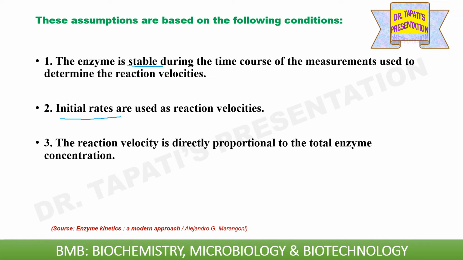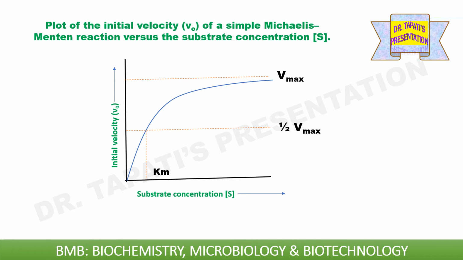And third, the reaction velocity is directly proportional to the total enzyme concentration. Already I have shown you a graph of initial velocity versus substrate concentration for a Michaelis-Menten reaction, and it is a rectangular hyperbola.